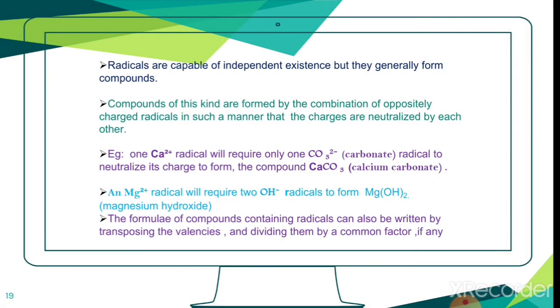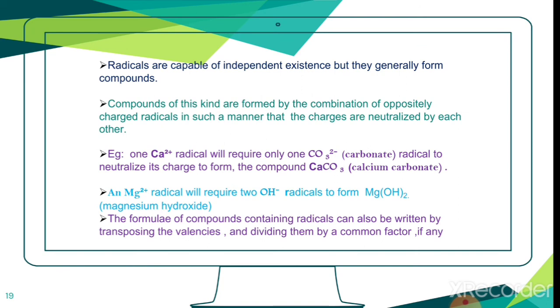Mainly, radicals are capable of independent existence, but they generally form compounds. Compounds of this kind are formed by the combination of oppositely charged radicals in such a manner that the charges are neutralized by each other. For example, in our text, one calcium 2 plus radical will require only one CO3 2 minus radical to neutralize its charge.